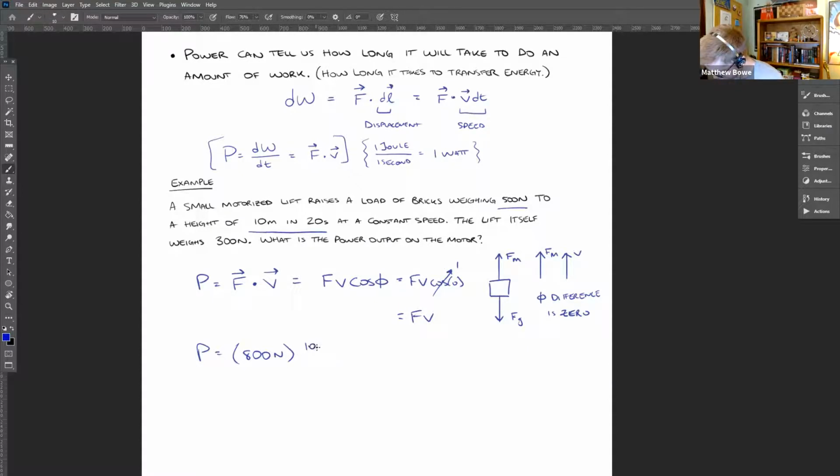It lifts it 10 meters in 20 seconds. That is distance over time. That is velocity. So we have 4.0 times 10 to the second watts of power that this motor on this little lift can output, at least from what we're seeing from this example.